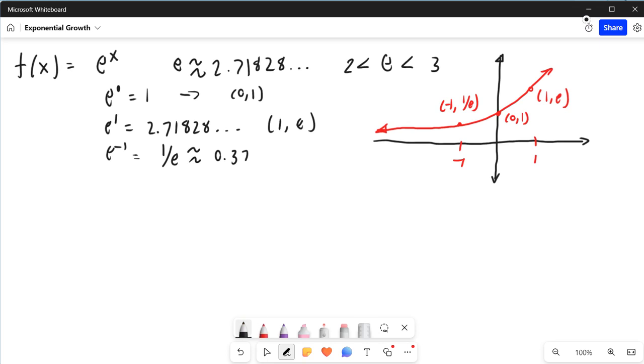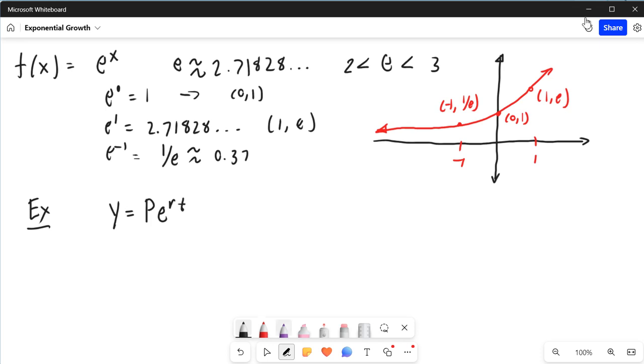So let's say, for example, that we model this in a way that the function can be redefined in the following way: y equals, let's say, some initial amount, we call it P, times e to the rt.